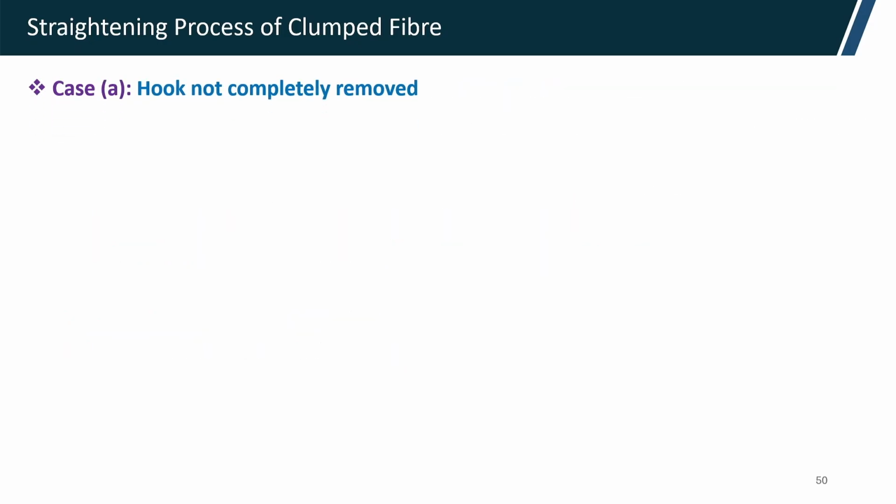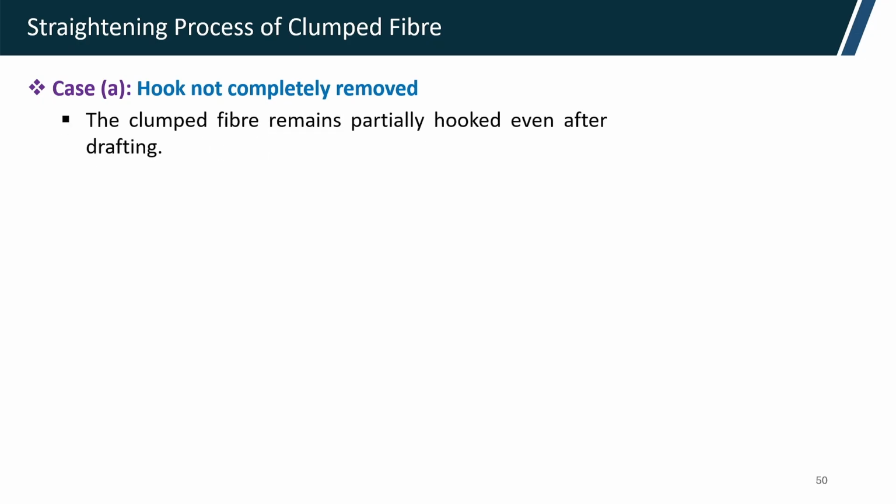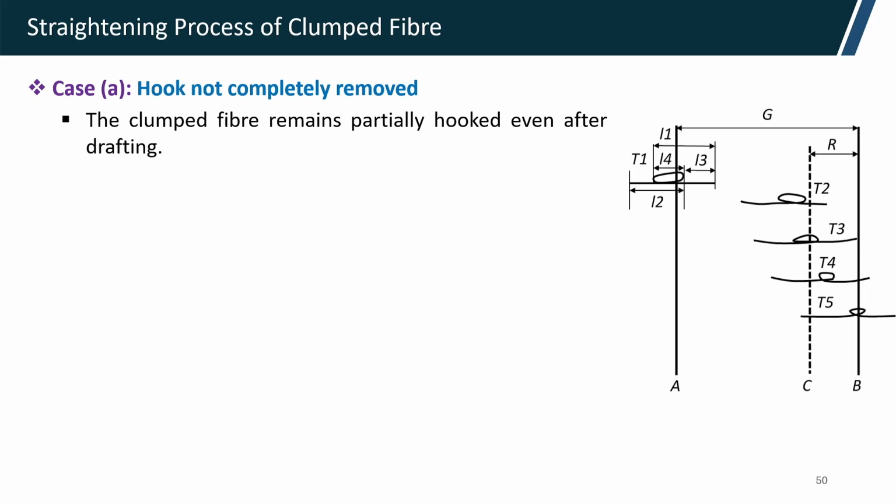Case A, hook not completely removed, the clumped fiber remains partially hooked even after drafting. This is the clumped fiber configuration, and we can see after drafting the clumped fiber hook is not completely removed. It might be reduced, but it has not been completely removed.